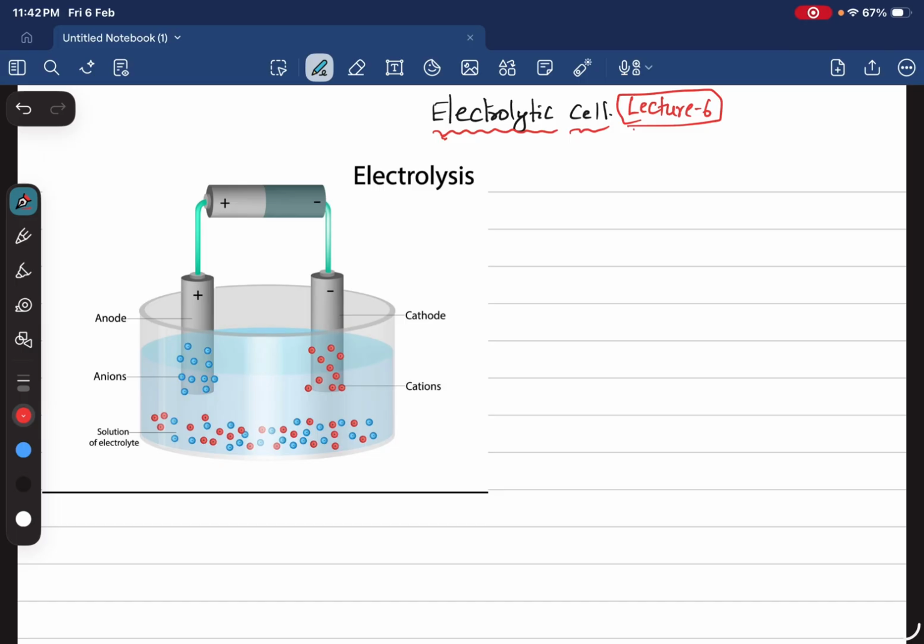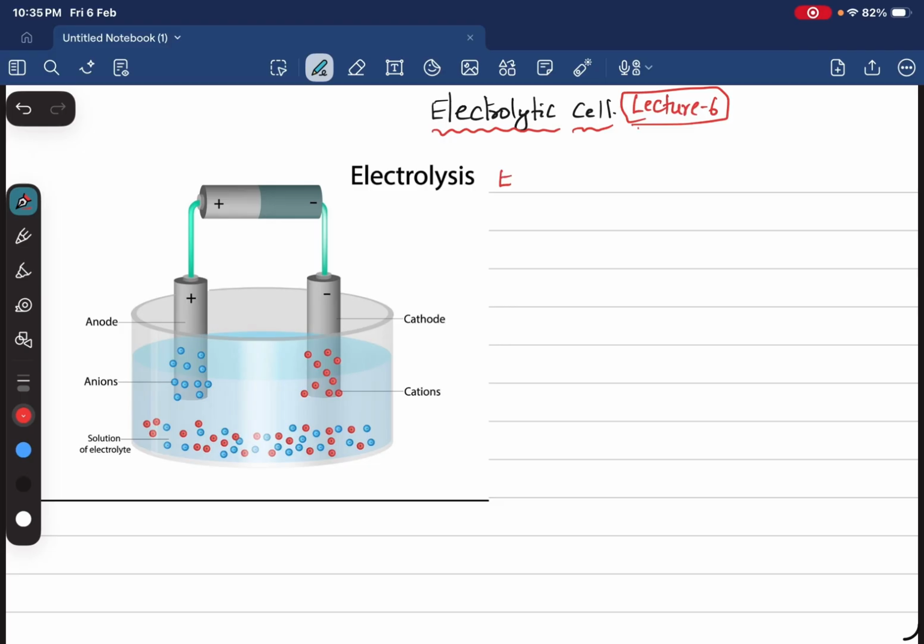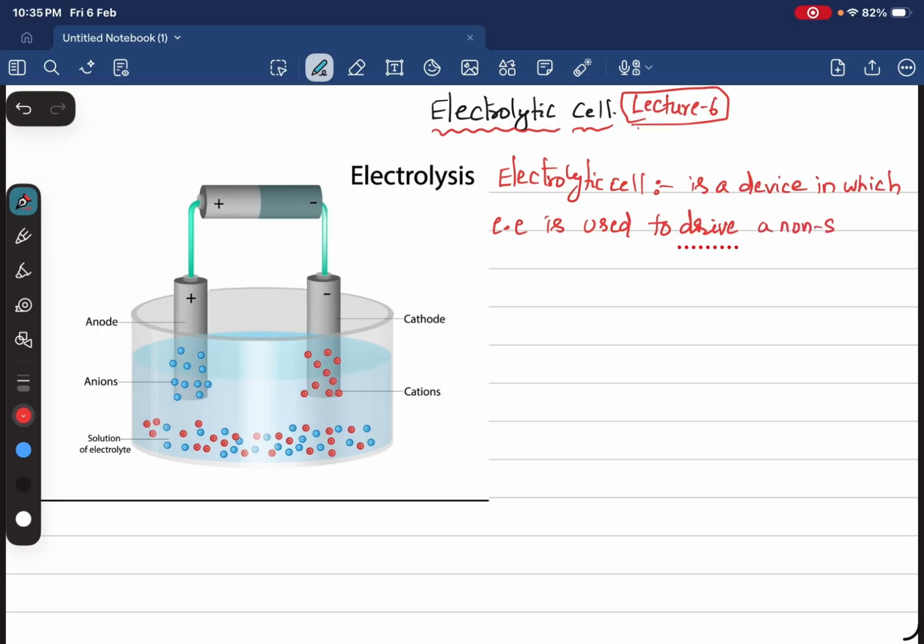So coming to electrolytic cell. Electrolytic cell is a device in which electrical energy is used to drive a non-spontaneous process, a non-spontaneous chemical reaction.